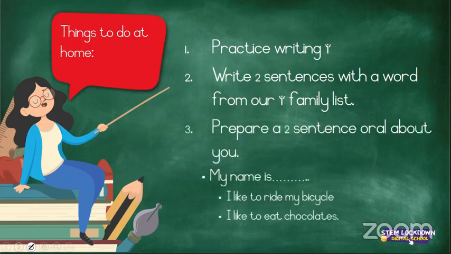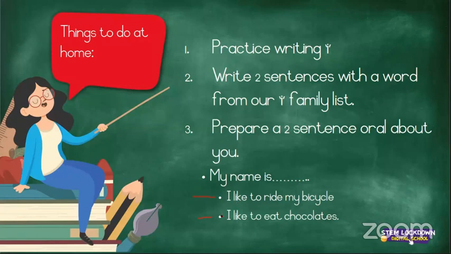And then, boys and girls, you are going to prepare a 2-sentence oral about you. I want to know more about you. Okay, so the first thing you're going to do is tell us your name. And then the 2 sentences are going to be something about you. Okay, so I've given you 2 examples over here. And my 2 sentences were, I like to ride my bicycle.